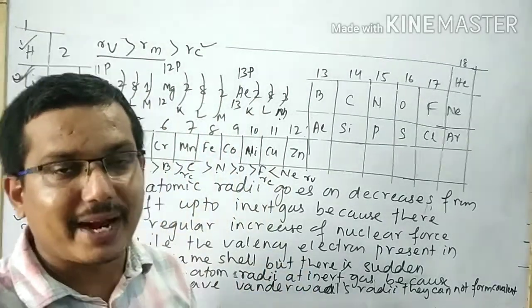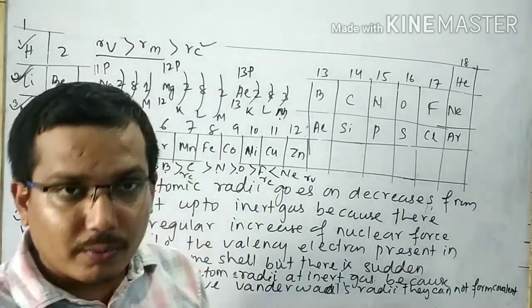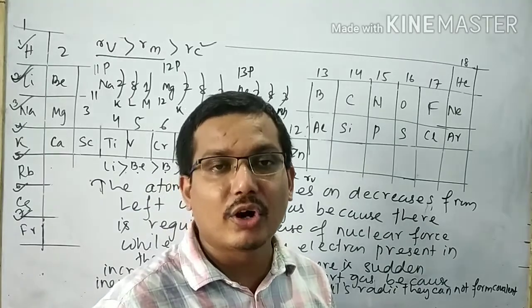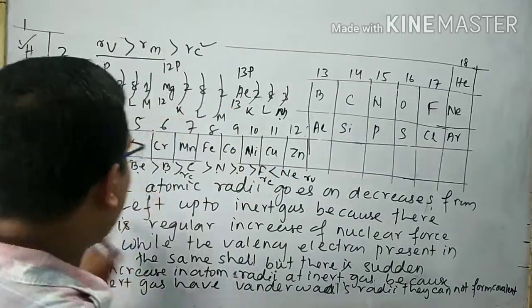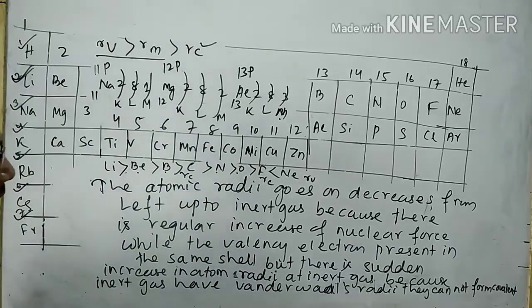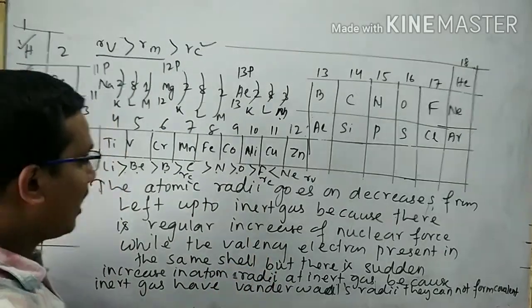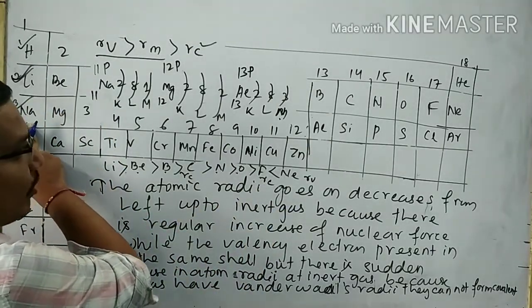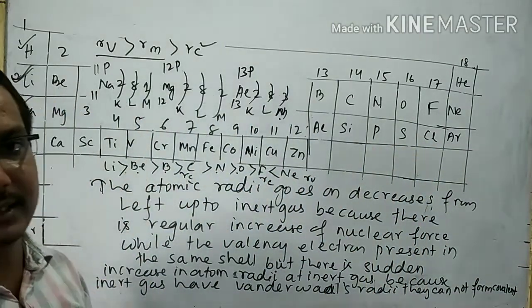This is due to the van der Waals radii of the inert gas, because covalent radii is not shown by inert gas. So from the discussion it is clear that atomic radii goes on decreasing from left up to inert gas. Left up to inert gas means group number 1 to group number 17 decreases, then increases.